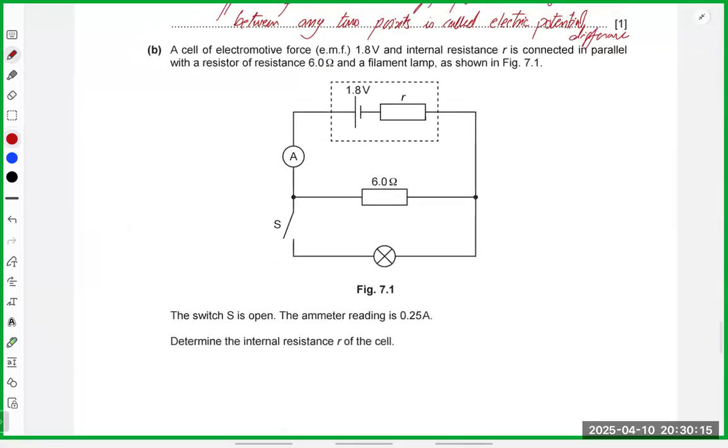Now, a cell of electromotive force EMF 1.8 volt and internal resistance r is connected in parallel with a resistor of resistance 6.0 ohm and a filament lamp as shown. Switch S is open, ammeter reading is 0.25. Determine the internal resistance r of the cell. Now, how can we find internal resistance?